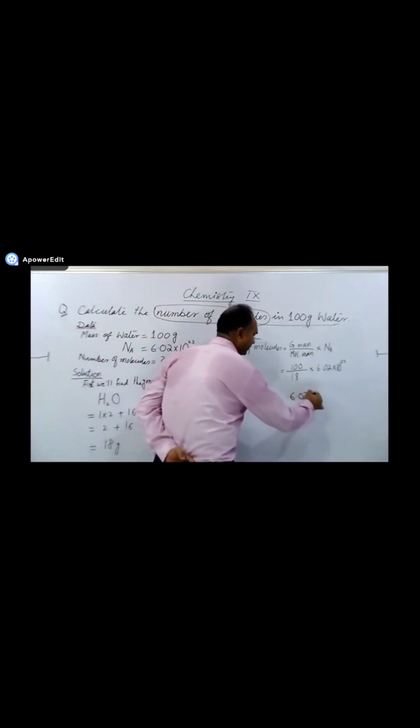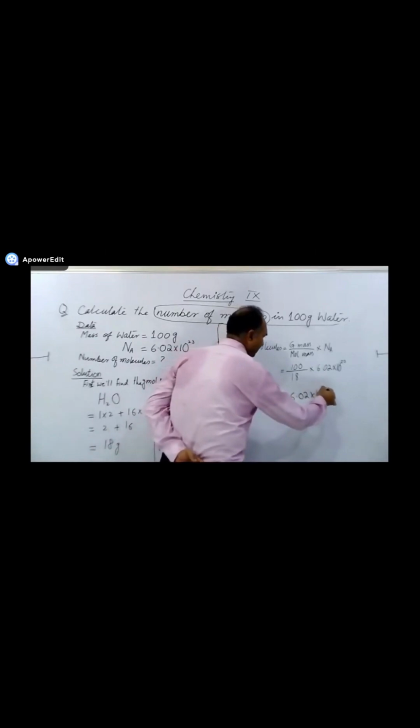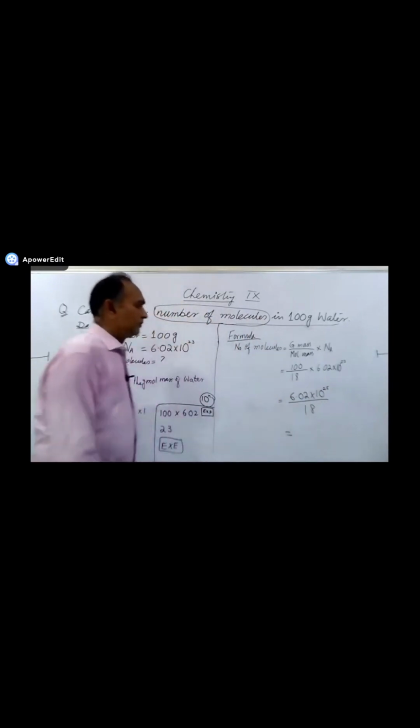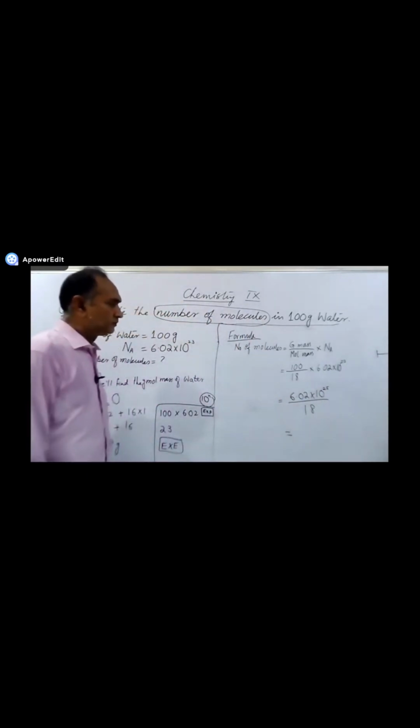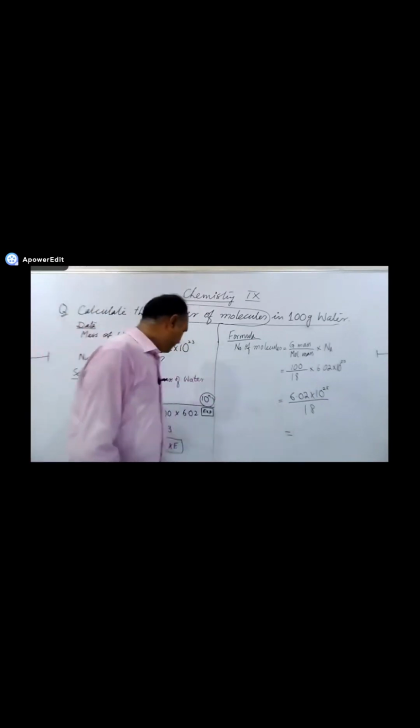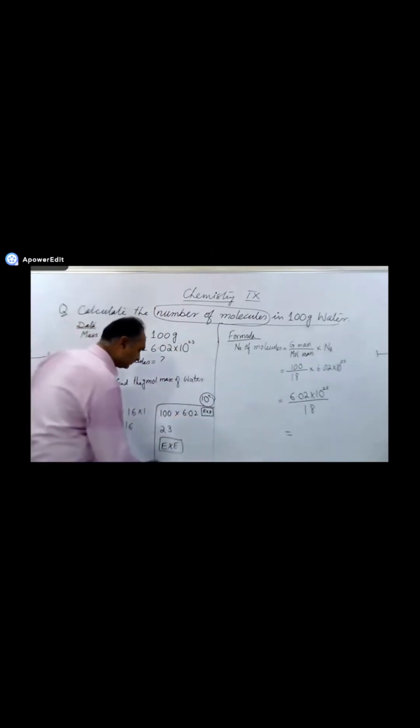When you execute it, you will get the answer 6.02 into 10 to the power 25 divided by 18. Okay? Now you will divide the answer, whatever will be the answer that you get, by 18.